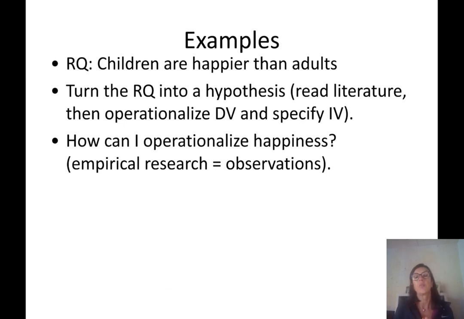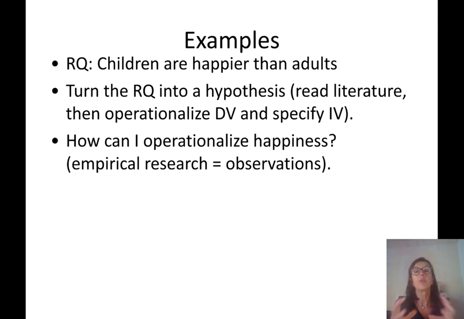So let's start at the beginning, and I want you to think about some examples. I want you to pause the video in a minute. But remember, in the field of psychology, we conduct empirical research, which means we systematically observe in order to come to some conclusions or have some outcomes in a study.